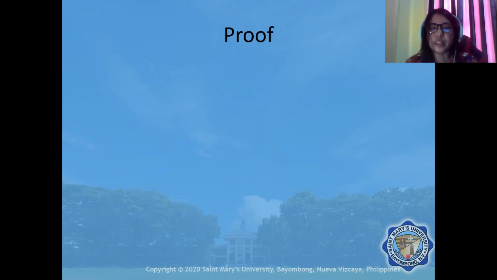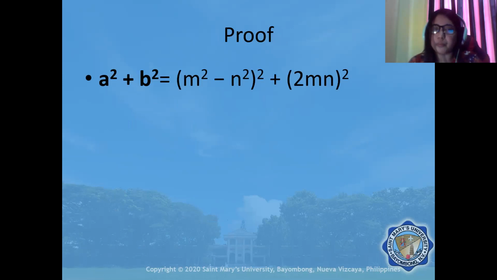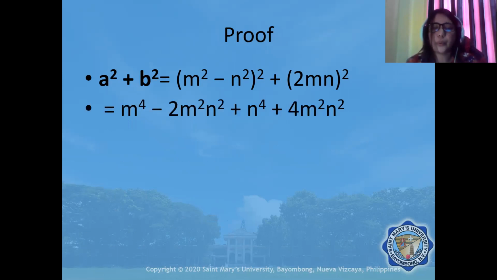Let us show the solution. For A squared plus B squared, in our given theorem, the value of A is equal to m squared minus n squared, so we simply substitute it in place of A squared. We have the square of m squared minus n squared plus the square of 2mn, because the value of B is equal to 2mn.